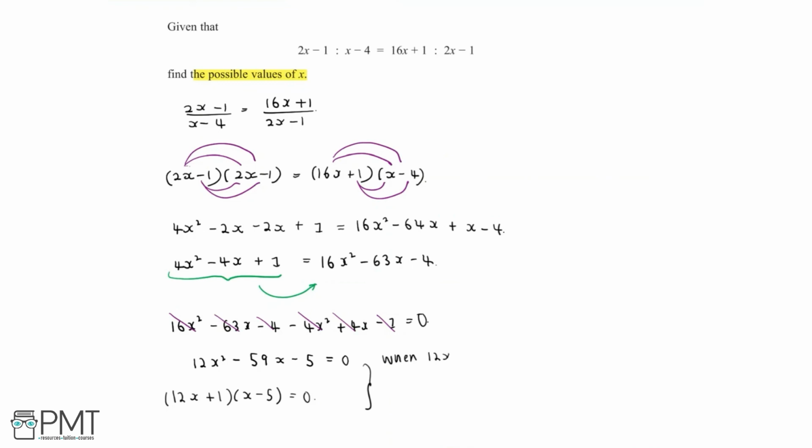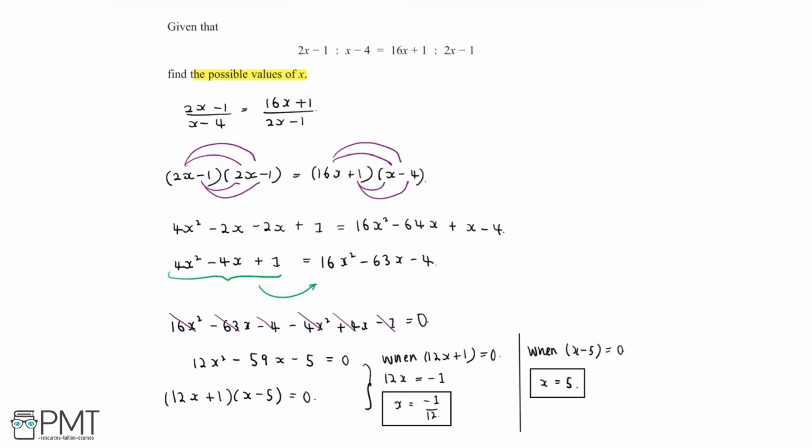When 12x plus 1 is equal to 0, 12x is equal to minus 1, and so x is equal to minus 1 over 12. And then when x minus 5 is equal to 0, moving the minus 5 over to the other side, x is equal to 5. So we've now correctly found our two solutions. We found that x is equal to 5 and that x is equal to minus 1 over 12.